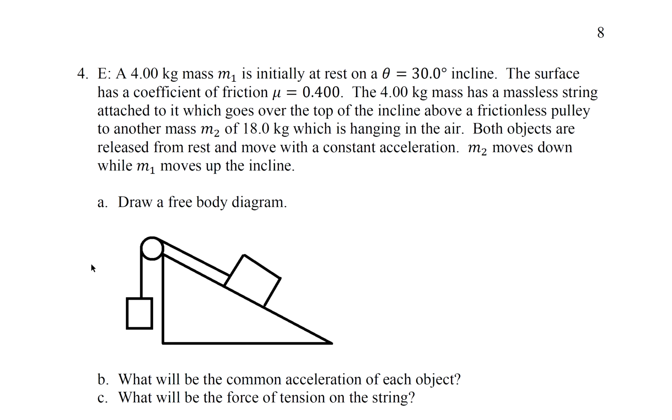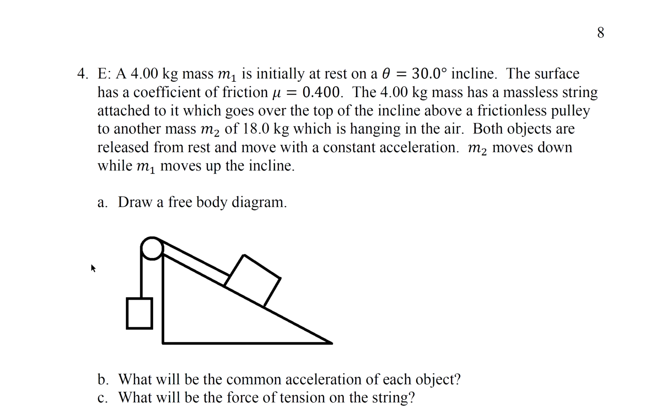The 4 kilogram mass has a massless string attached to it, which goes over the top of the incline above a frictionless pulley to another mass m2, 18 kilograms, which is hanging in the air. Both objects are released from rest and move with a constant acceleration. M2 moves down while M1 moves up the incline.